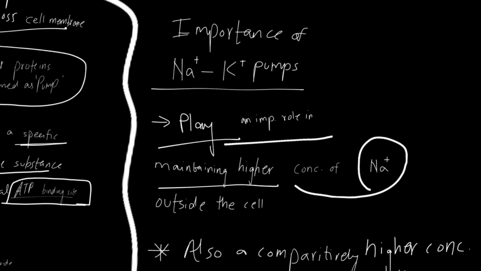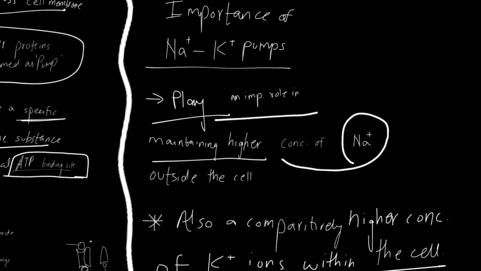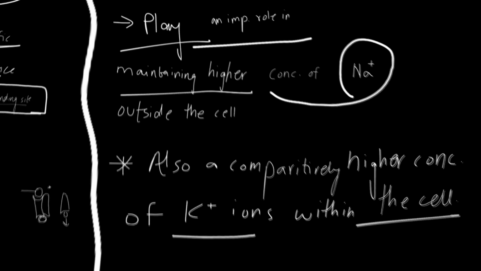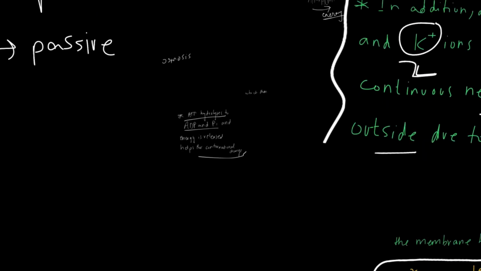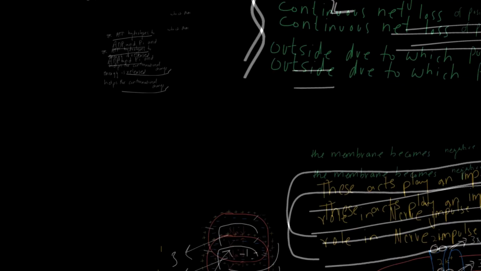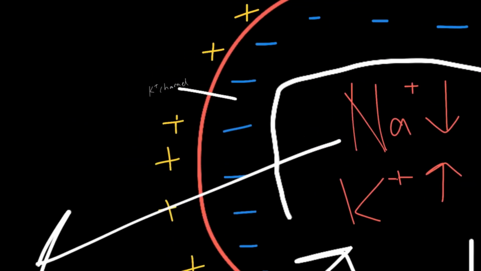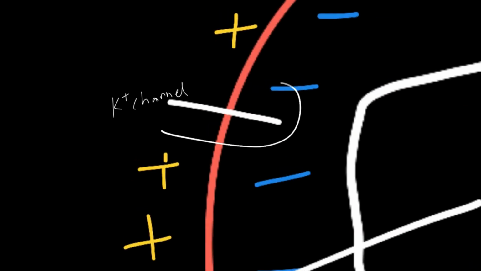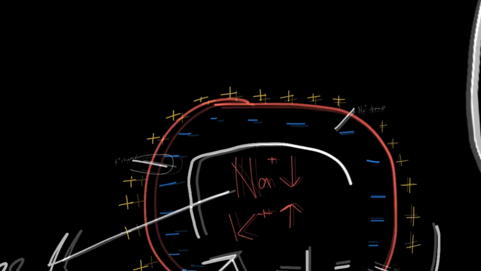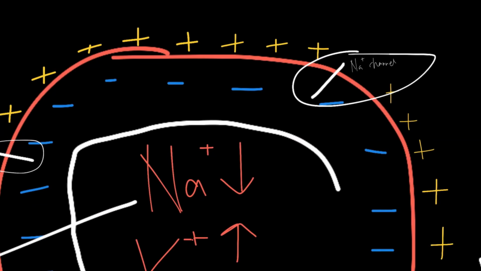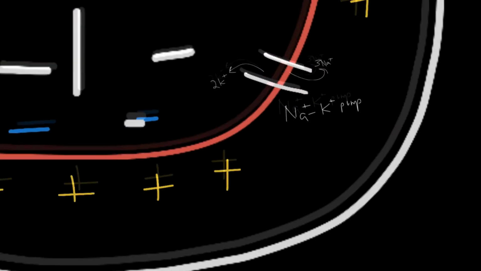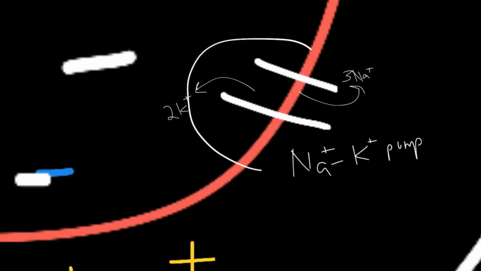The importance of NaK pumps is discussed. So this pump right here, there is a K channel as well, and there is a sodium channel as well. However, this channel right here that we see is a sodium potassium channel.